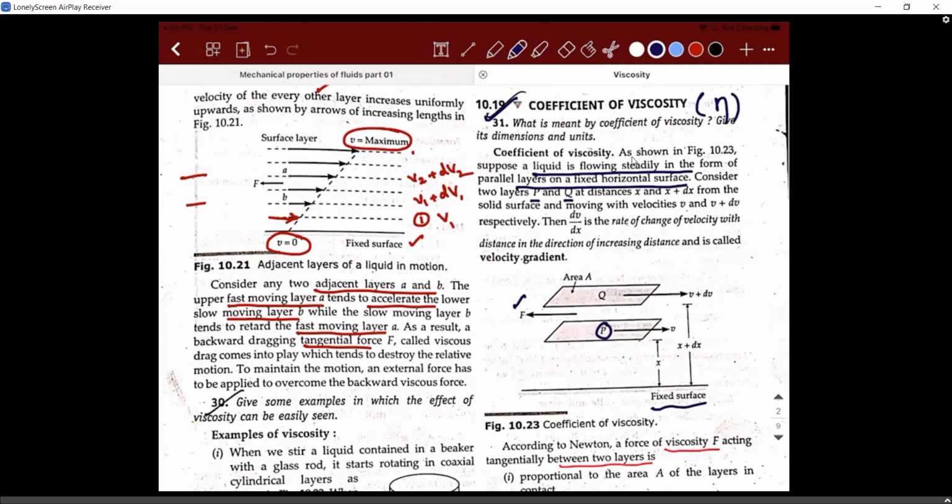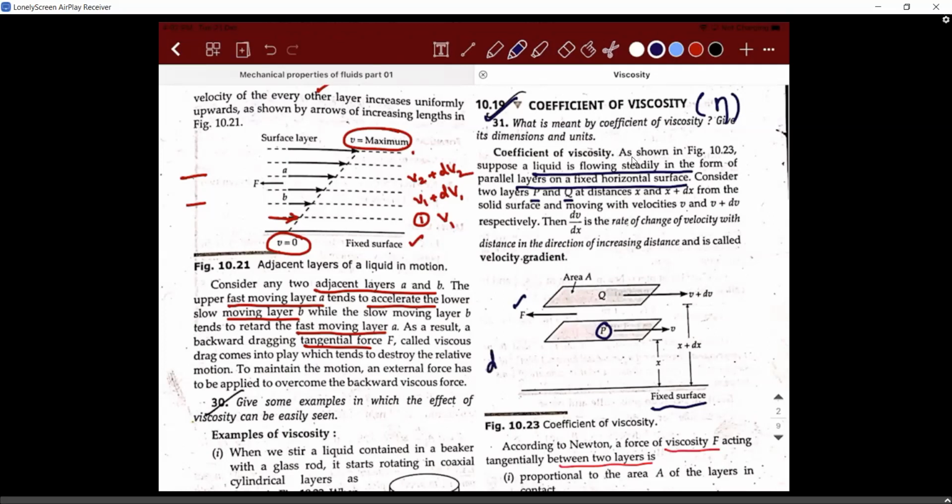If I take the rate of change of velocity with respect to distance, I write it as dv by dx. Whichever parameter has dx, that is distance, in the denominator is generally given the suffix gradient, the gradient of whatever is in the numerator. Velocity is in the numerator and x is there, so put together it is velocity gradient.